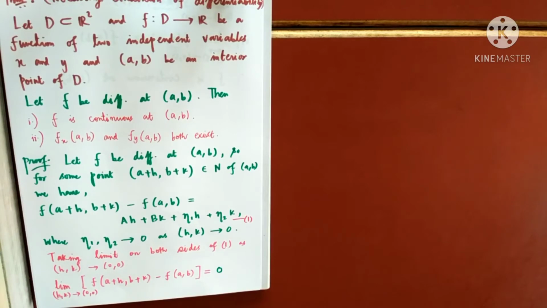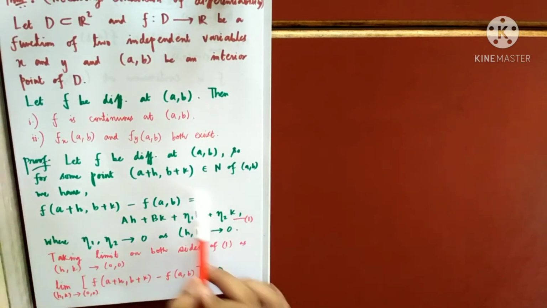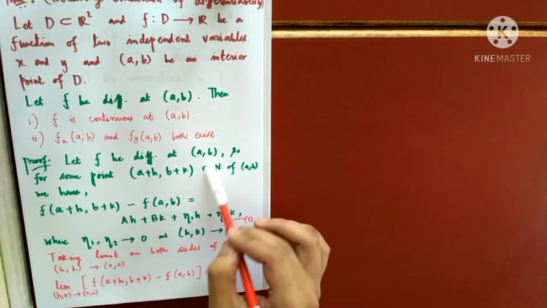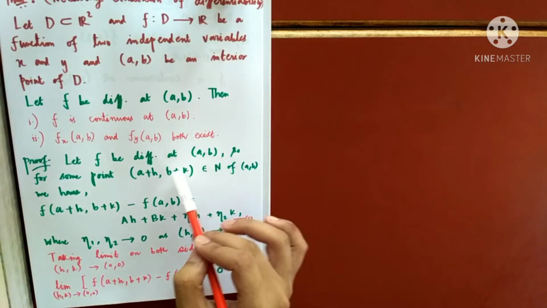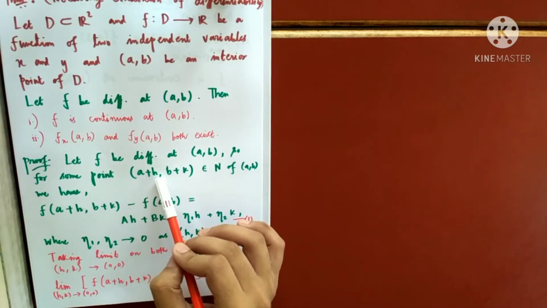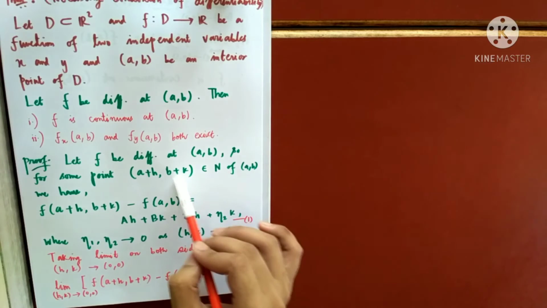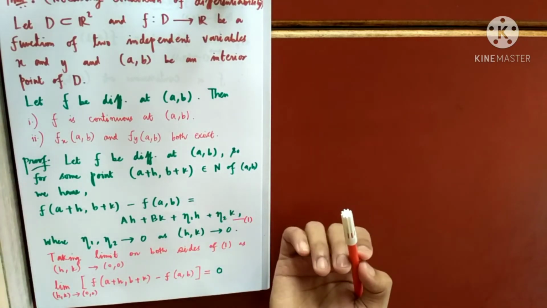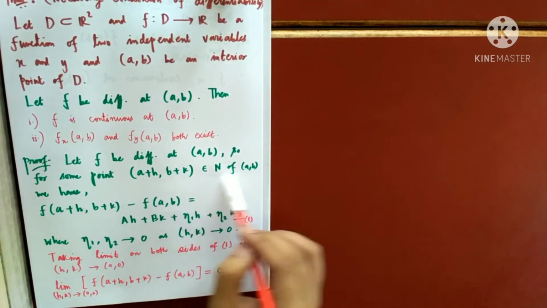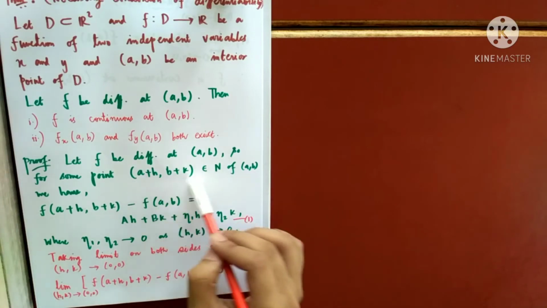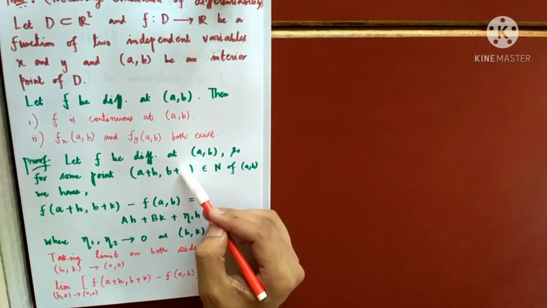So what is the idea of the proof? This holds for every h and k which belongs to the neighborhood N of a b. I will take the point a plus h comma b. That means I am choosing k equals to 0. I may choose k to be 0 because that point will also belong to the neighborhood N of a b.